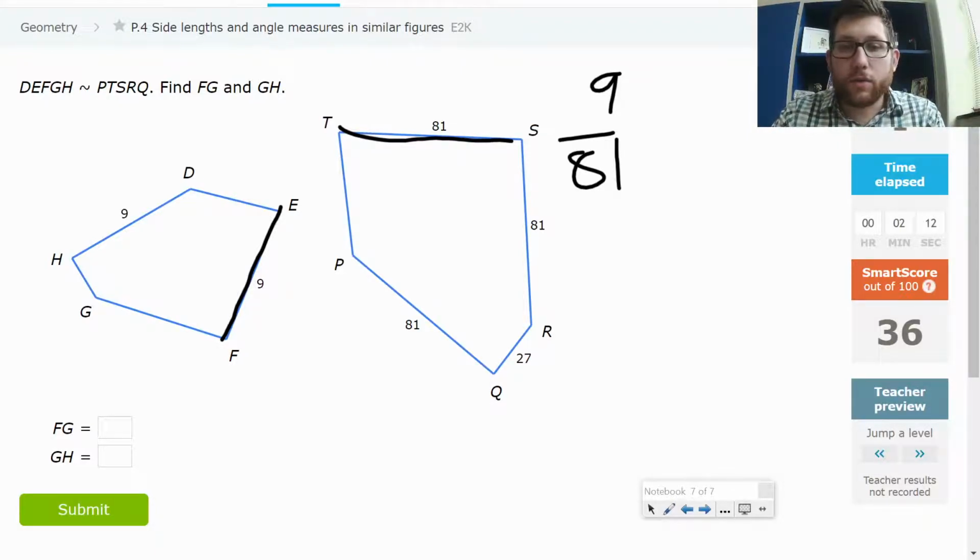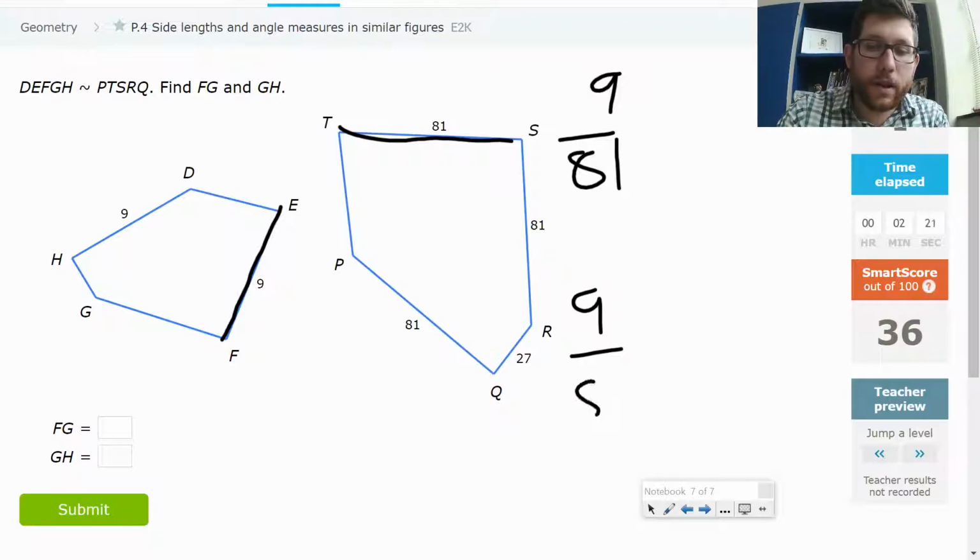All right, so now notice I'm trying to solve for two things. So I'm actually going to set this up twice. Set up once there, set it up once here. 9/81, 9/81. Now I need to set up the first one with FG. So I'm looking for FG.